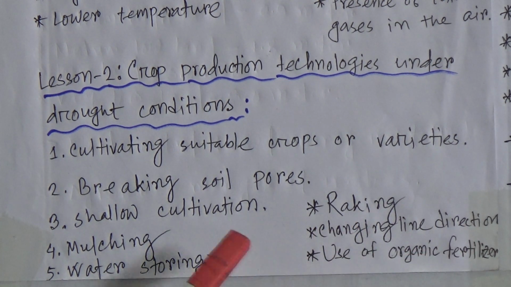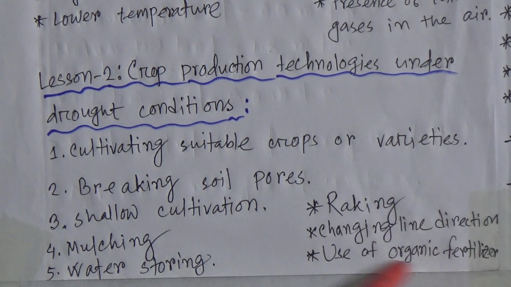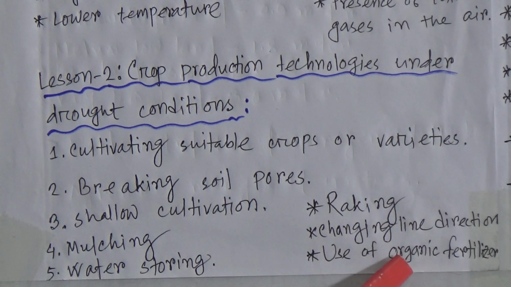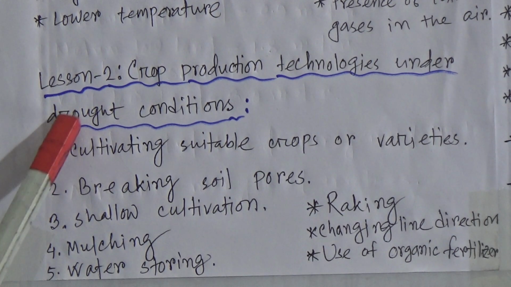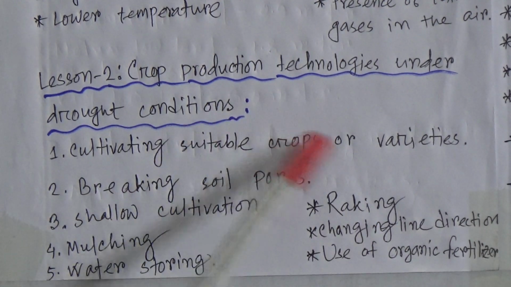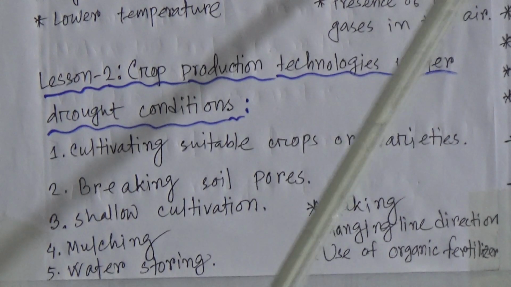That means if the farmer changes the line direction of the water, then they would be able to get a good harvest. Use of organic fertilizers. When the farmers are unable to produce more crops on drought prone lands, at that time they can use organic fertilizers. This is all about lesson 2.